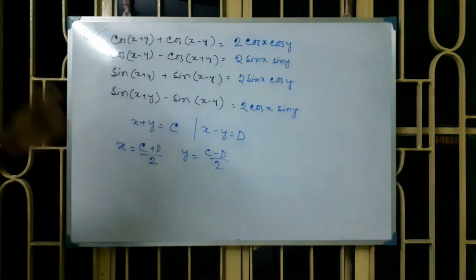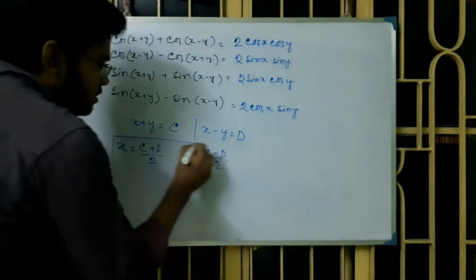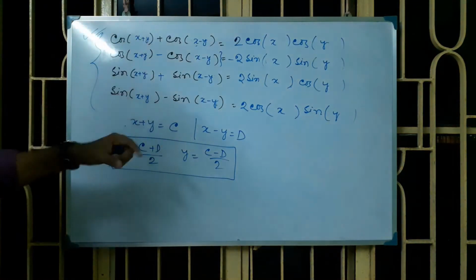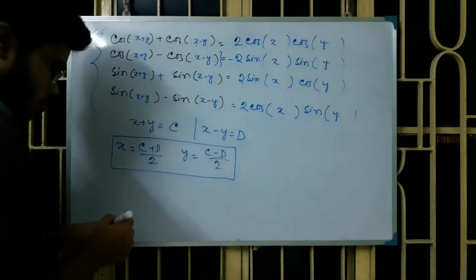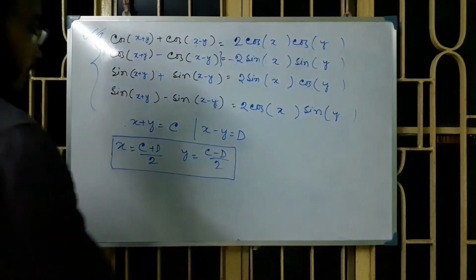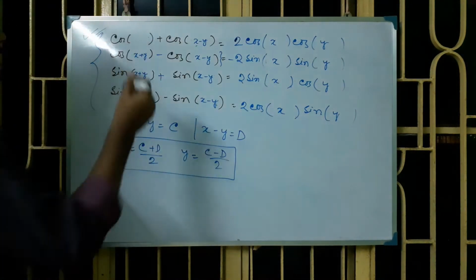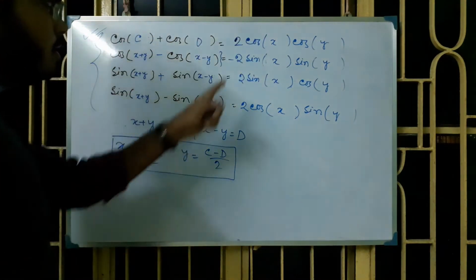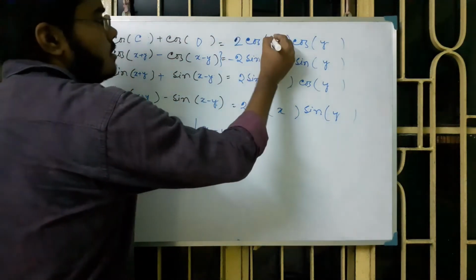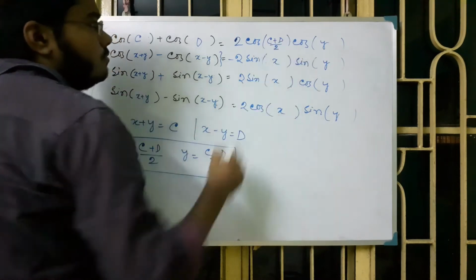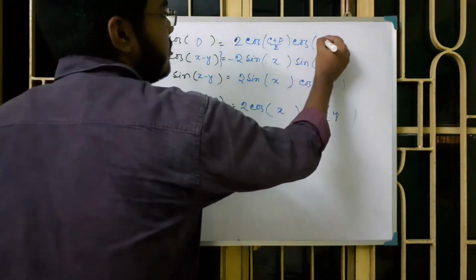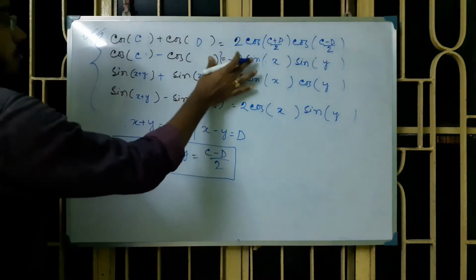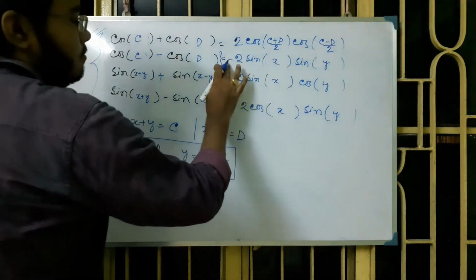Just substituting x and y in place of these equations: x plus y equals c, x minus y equals d, x equals (c+d)/2, y equals (c−d)/2. So cos(x+y) is cos c, cos(x−y) is cos d, and the minus is taken this side.